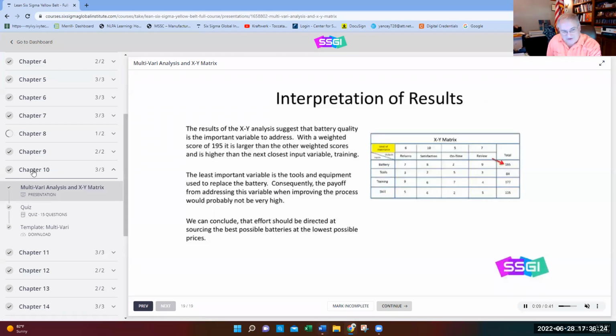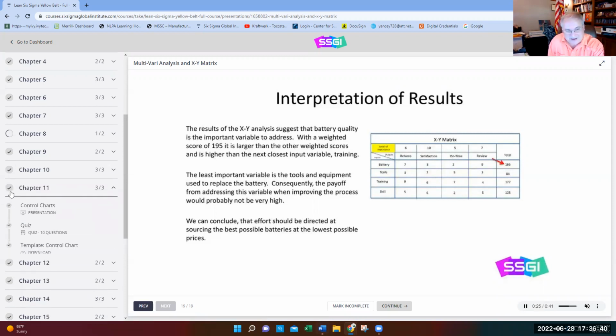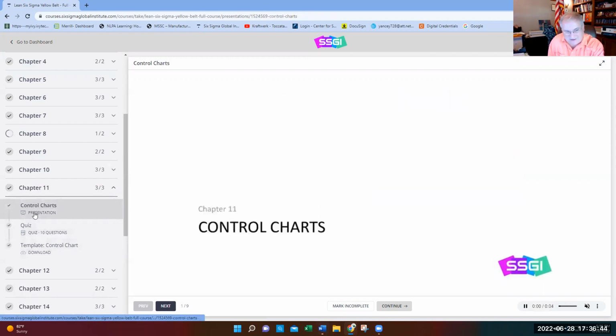So that chart is how you can identify an area that you can make the biggest impact as far as process improvement. And there's a downloadable template to help you use that tomorrow if you wanted to. In chapter 11, the control charts, they've got a download for that too.